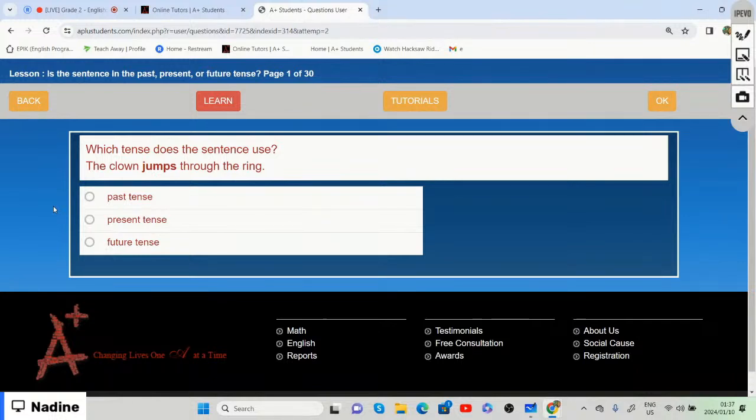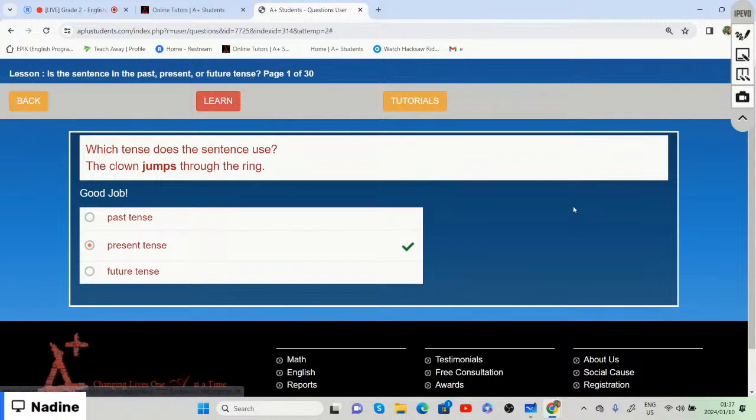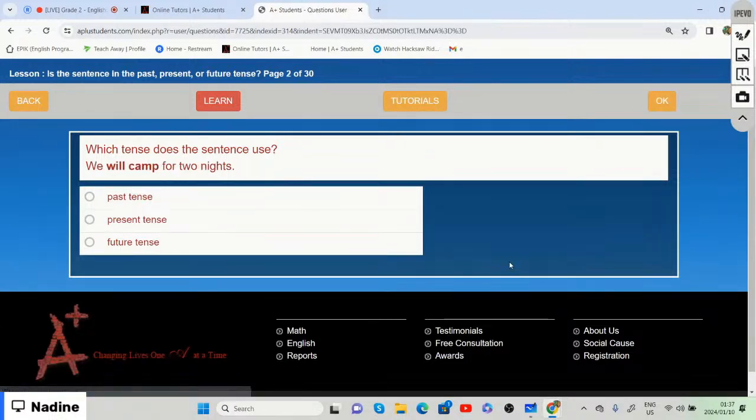Is that in the past tense, in the present tense, or in the future tense? If we look at that sentence, specifically the word jumps, that basically shows what the clown is doing now. So this is the present tense. All right, so the present tense.